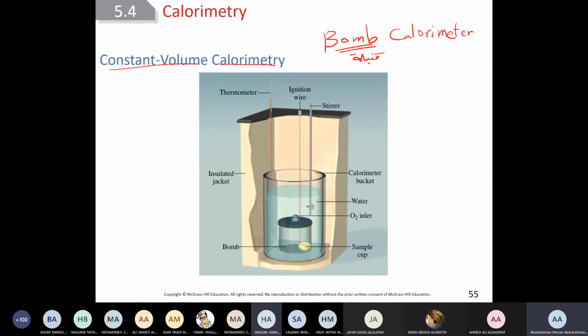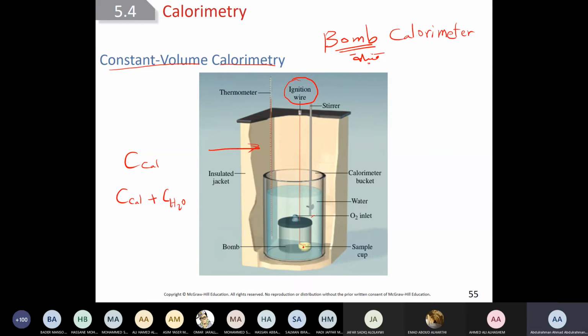Clear? Good. And here, this is the instrument. You don't have to know much about it. But in this thing, you have the reaction in here, and you make the reaction with electrical ignition. This means you put electricity and make the reaction, and the heat will all go to the water and the system. I will give you C for the whole calorimeter, C calorimeter plus C of water, H2O.